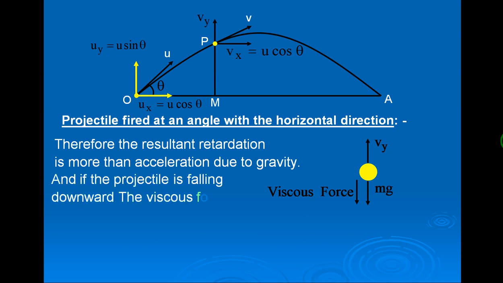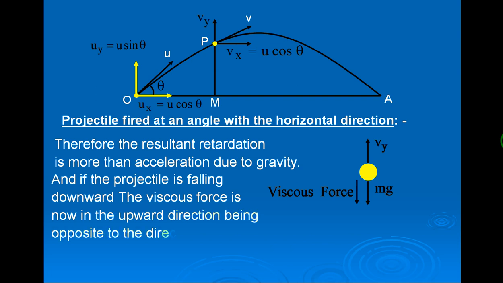And if the projectile is falling downward, the viscous force is now in the upward direction, being opposite to the direction of velocity. The projectile is falling in the downward direction with the velocity Vy.